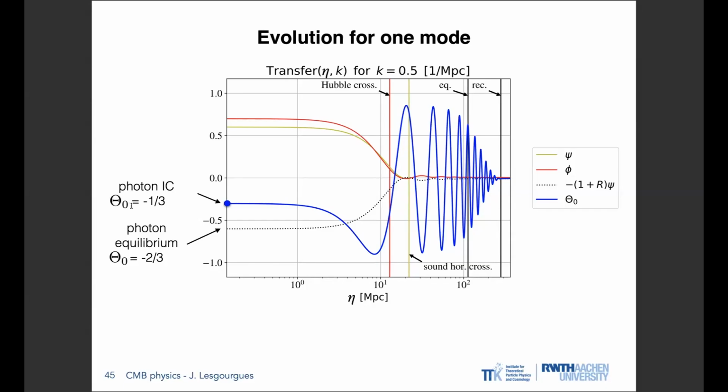Now we are close to recombination, and close to recombination, the tight coupling approximation breaks, and the important mechanism which appears is diffusion. We had this slide yesterday where we said that at the approach of recombination, the mean free path of the photon increases, and so it is rescattered. And at a given time, I can compute the typical distance traveled by a photon.